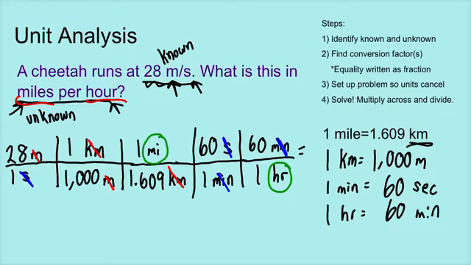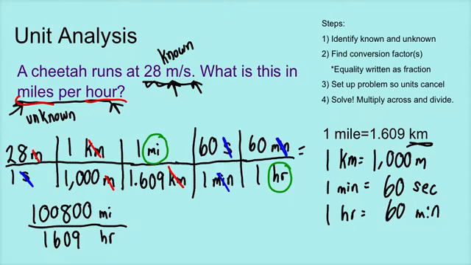So if I solve that out, I'm going to have 28 times 60 times 60, which gives me 100,800 over 1,000 times 1.609, which gives me 1,609. And again, the units on top are miles. The units on the bottom are hours, because that's what I'm left with.